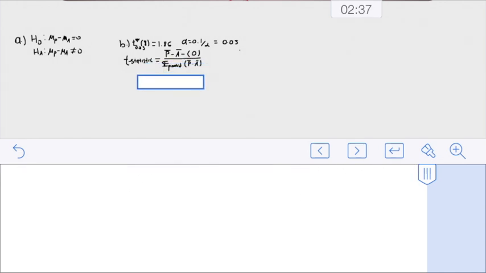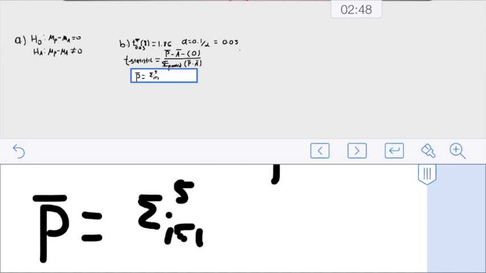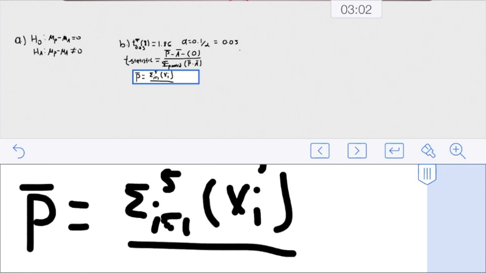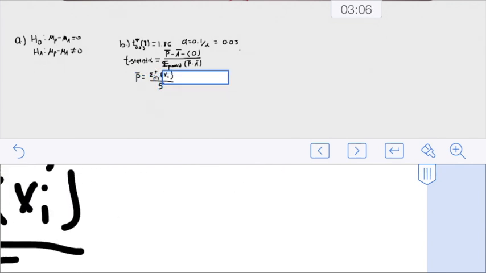So first we must find P bar and A bar. P bar is equal to the sum from i equal to 1 to 5 of xi, and that's going to be over the number of data points we're given, which is 5.